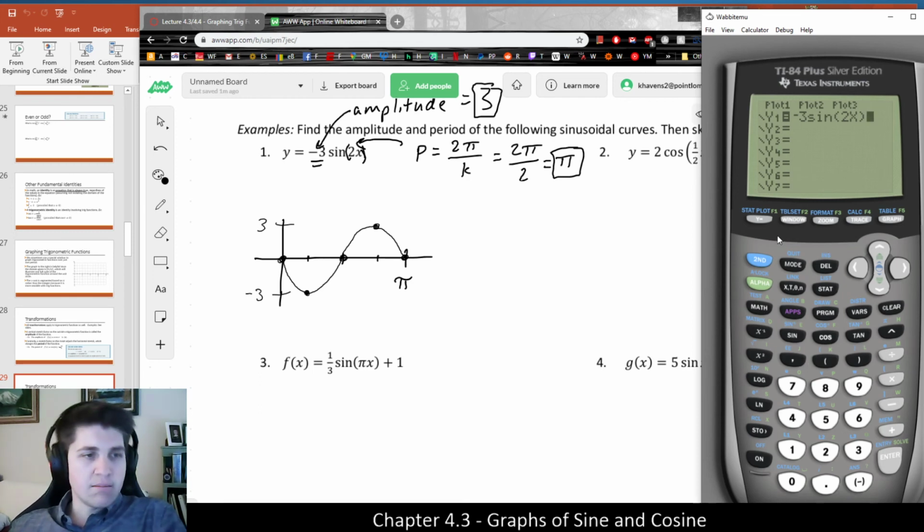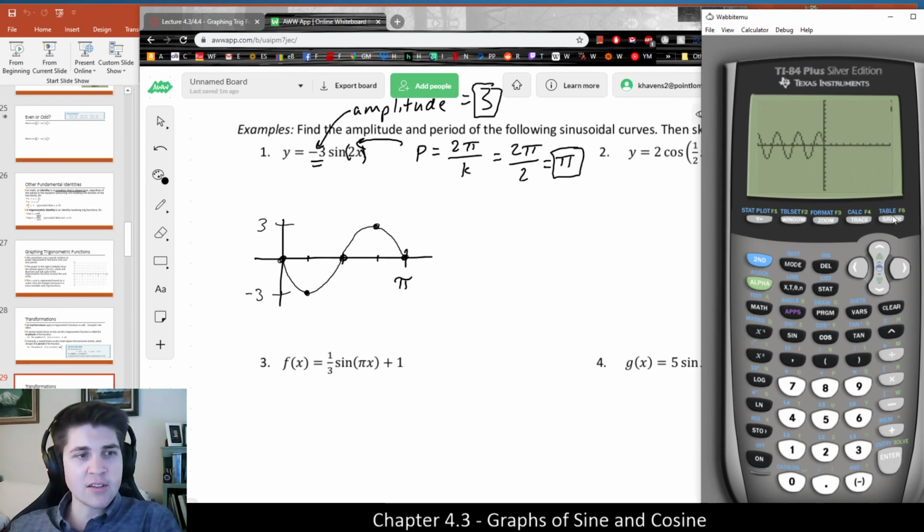But this should basically do exactly what I just did and graph the entire sine wave. And if we graph it in just a normal window, what we'll see is it looks quite a bit different than what I've got, because the normal window is typically set from negative 10 to 10 and negative 10 to 10, which is not really that appropriate for a trigonometric graph.